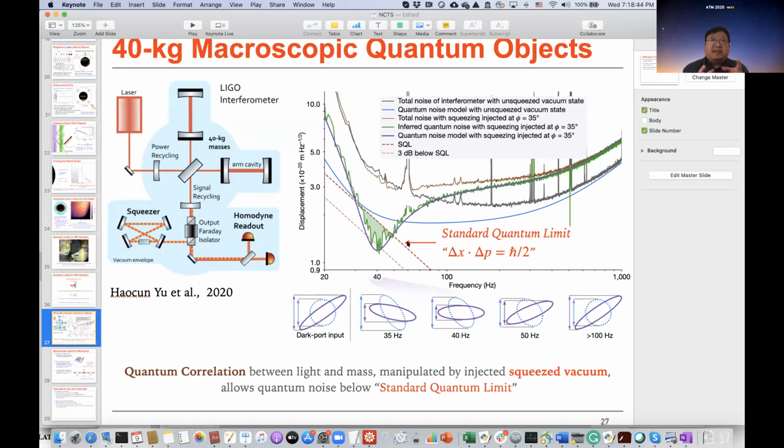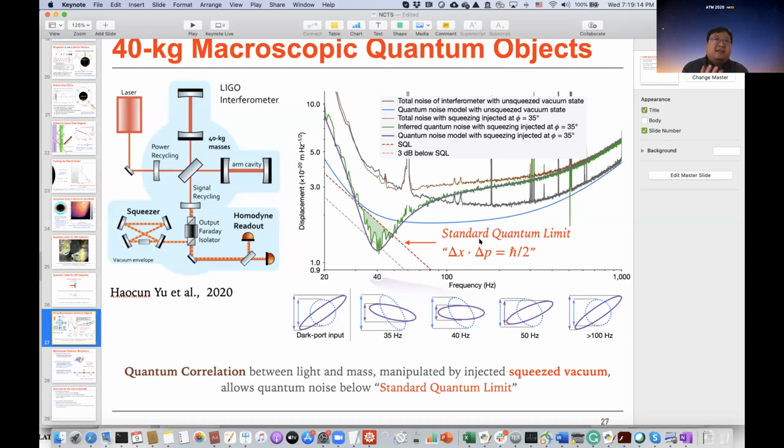So what it means is that even though our classical thermal fluctuations and other noise is still kind of high by a factor of a few, 2 maybe, it does demonstrate that if you inject quantum correlations into the detector, the masses are able to respond in such a way that the quantum noise of the detector is below this naive standard quantum limit set forth by using the Heisenberg uncertainty principle.